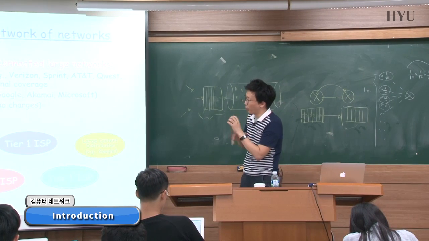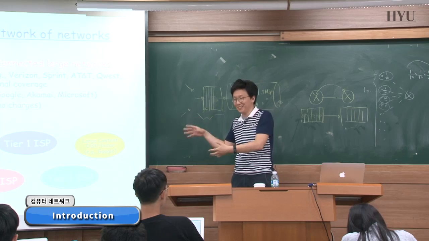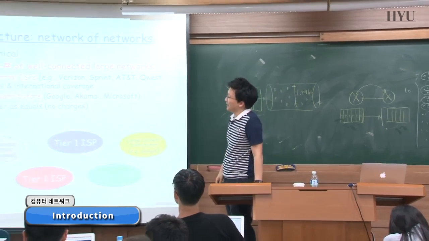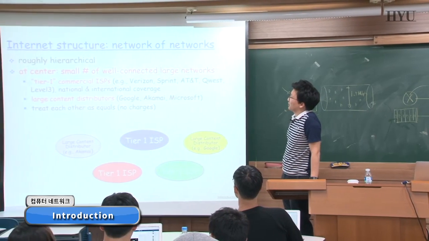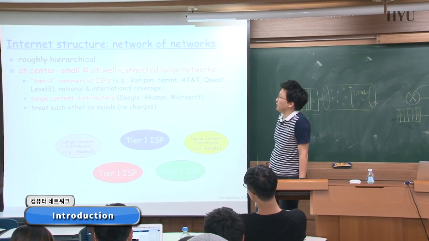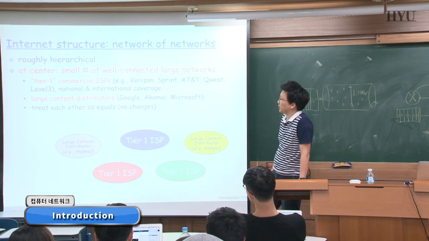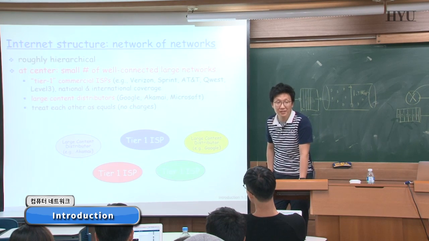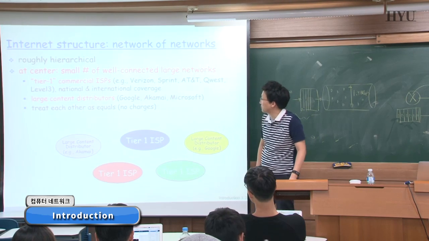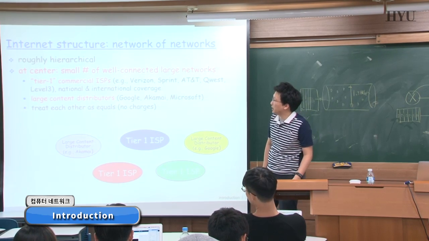Internet structure. Let's go back to the less technical stuff, the fun stuff. Internet structure: a network of networks, roughly hierarchical. At the center, a small number of well-connected large networks. Tier 1 ISPs are the big ones. Global ISPs are usually called tier 1, like Verizon, Sprint, AT&T, Level 3.